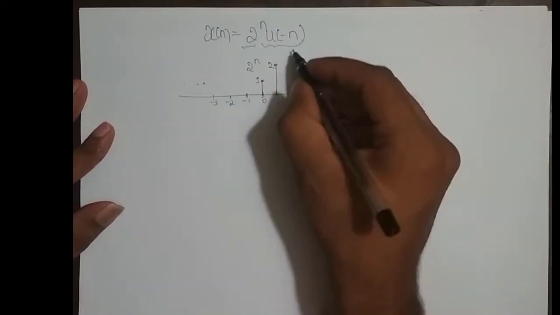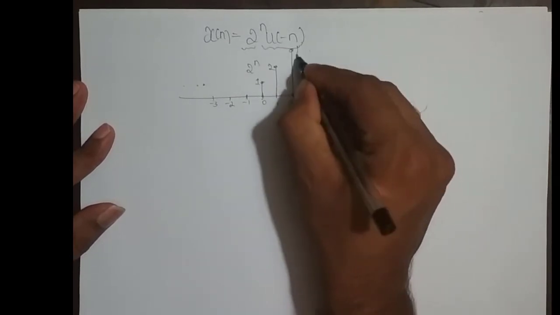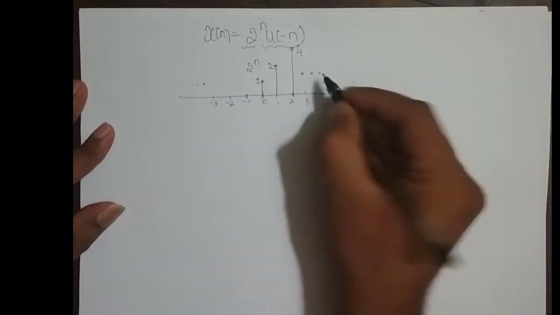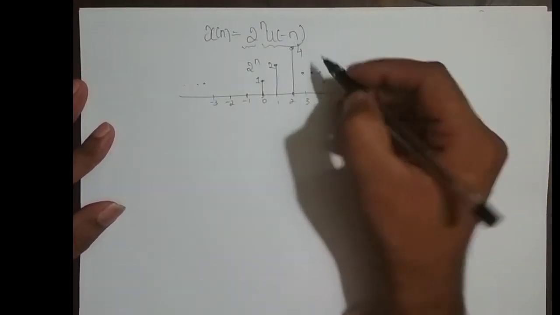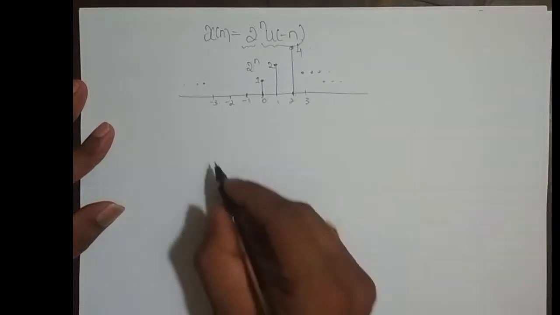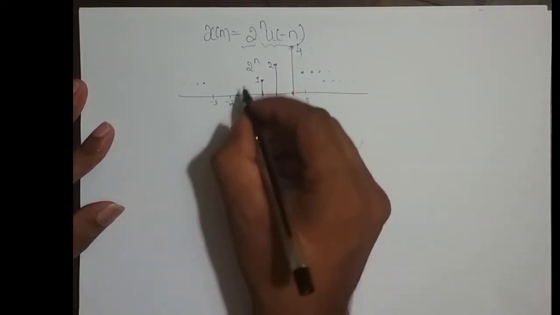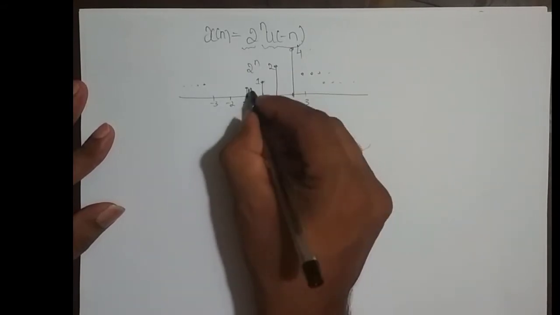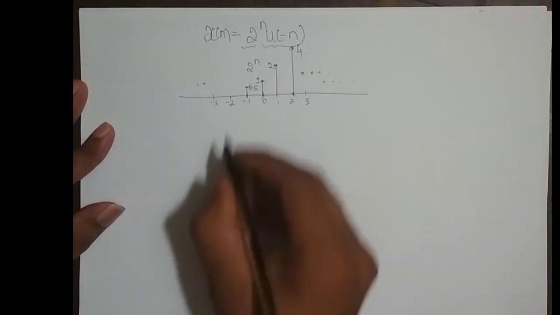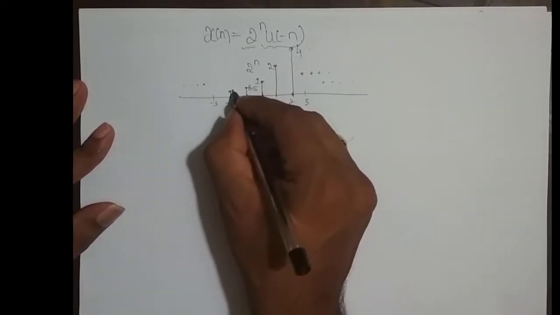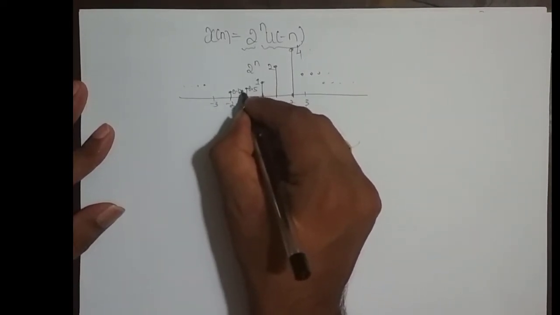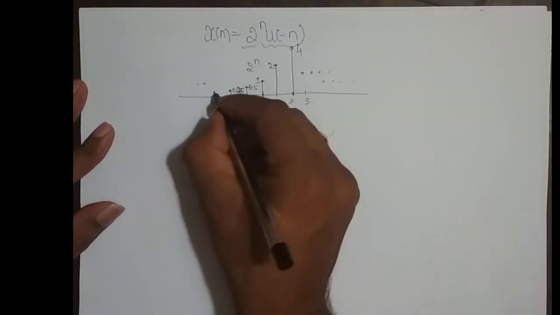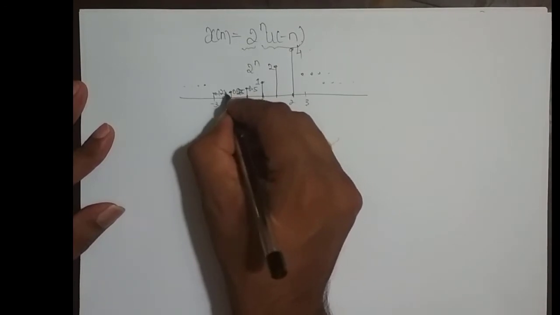And it goes on, right? 2 to the power 3, 2 to the power 4, 2 to the power 5, it goes on. When n equals minus 1, it is 2 power minus 1, which is 0.5. When n equals minus 2, it is 0.25, and then 0.125, and again this goes till minus infinity.